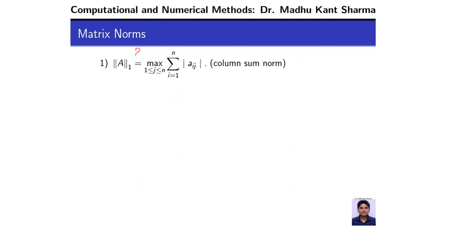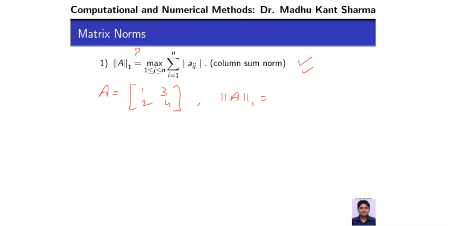If this is true, then let's say A equals 1 2, 3 4. What will be the norm 1 of this matrix?